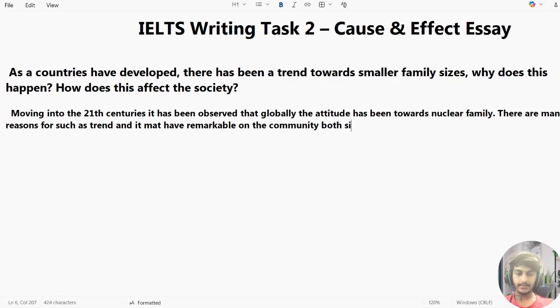Both the motives as well as the measures are discussed in the upcoming paragraph.